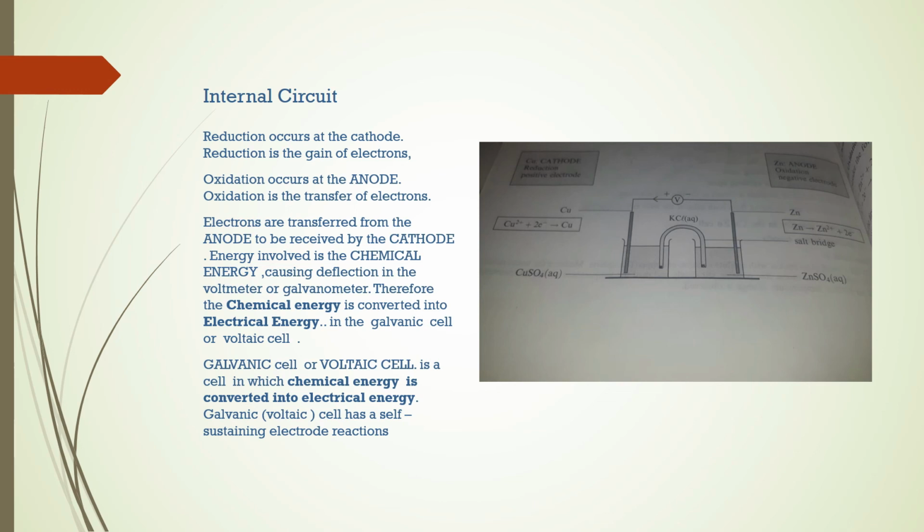Energy involved is the chemical energy, causing deflection in the voltmeter or galvanometer. Therefore, the chemical energy is converted into electrical energy in the galvanic cell or in the voltaic cell.